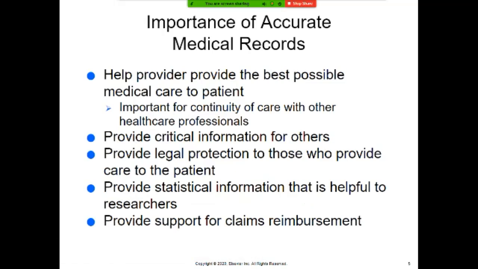So let's talk about the importance of accurate medical records. The provider enters notes about the patient's examination and any test results into the medical record. These notes serve as pieces of a jigsaw puzzle to help the provider make an accurate diagnosis and treatment plan.